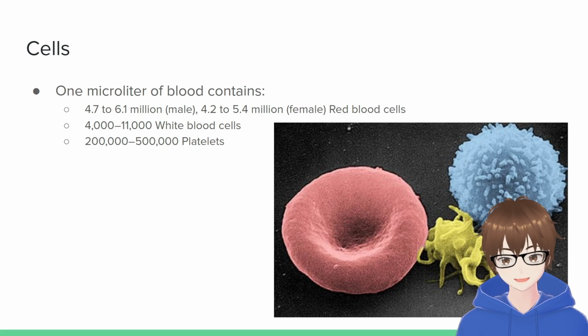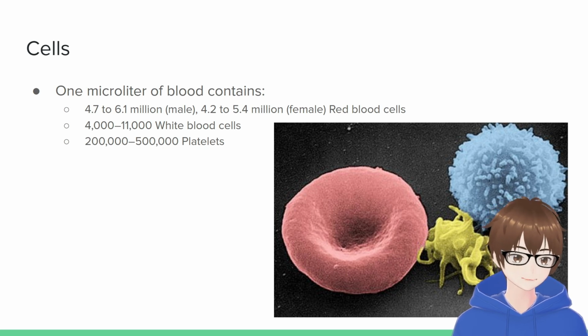If you're a normal female, around 4.2 to 5.4 million. Then white blood cells are around 4,000 to 11,000. And then platelets, around 200,000 to 500,000. So you have much fewer white blood cells than you do platelets and red blood cells.